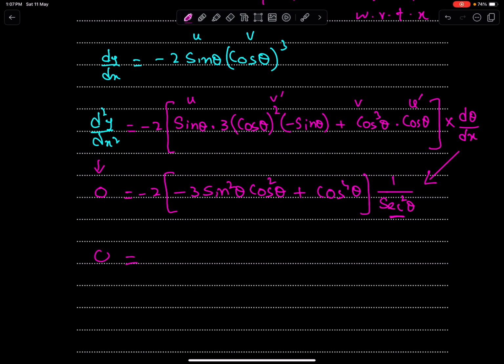So we have minus 3 sine square theta cos square theta plus cos power 4 theta. Now we have to take cos square theta common. So we have cos square theta times minus 3 sine square theta plus cos square theta.